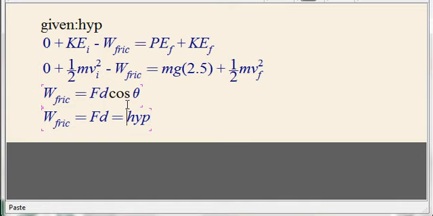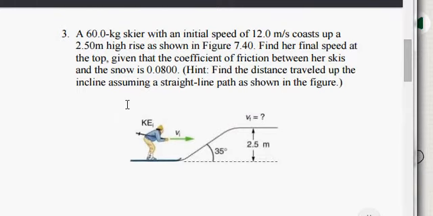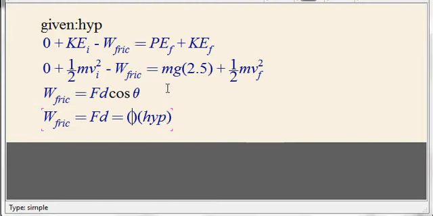Now, what is F? Are we given a coefficient of friction? Yes, 0.08. Oh yeah, what is the formula for friction? Mu times normal force.